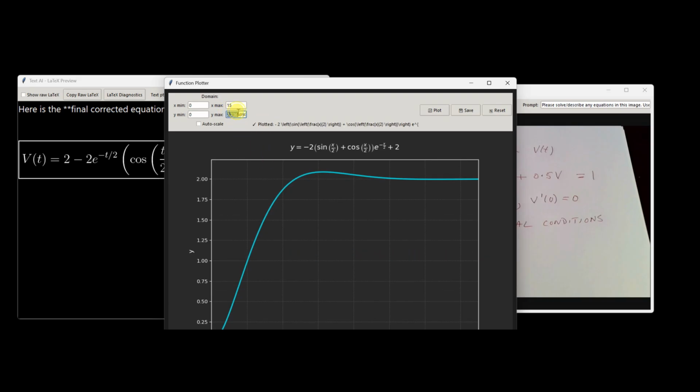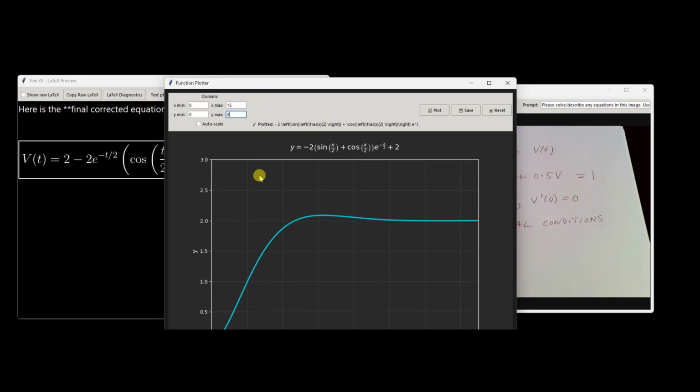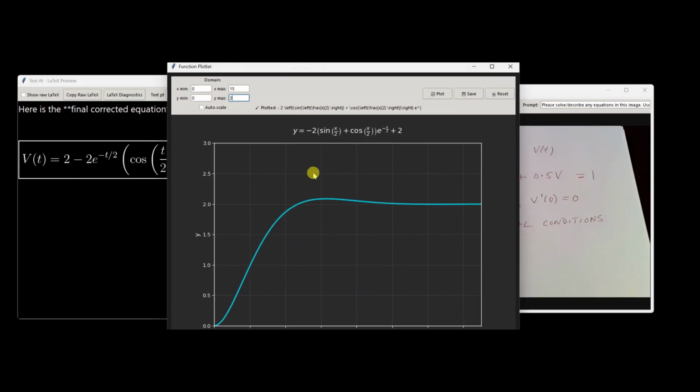Put y max to 3. And there's the step response, and there's the equation, which I'm just checking at the moment. Yeah, that looks correct. Yes, that's the right solution.